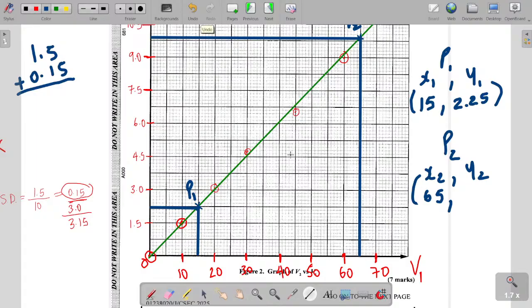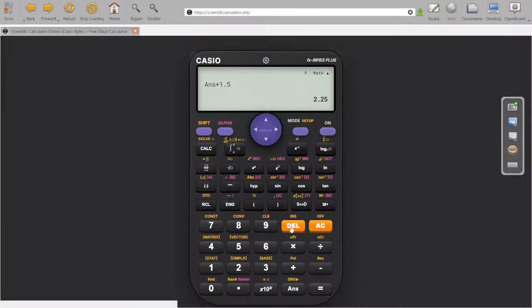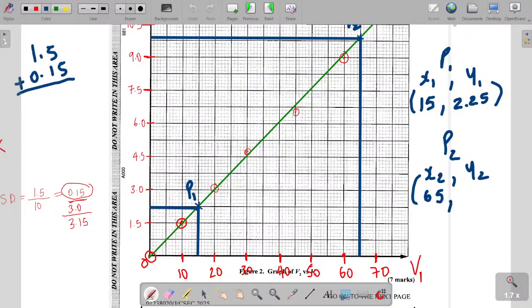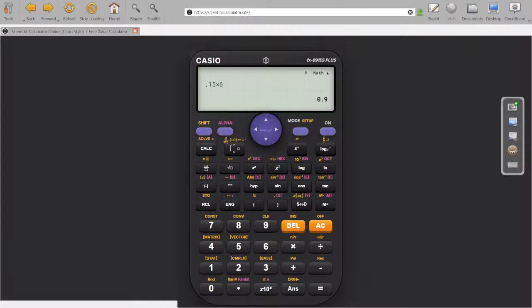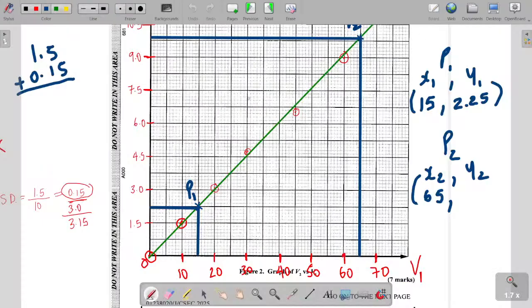Once we know our smallest division, which is 0.15, we multiply that by 6, and we get 0.9, and then we add that back to our 9.0, and we get 9.9. So that means our y value here is 9.9.